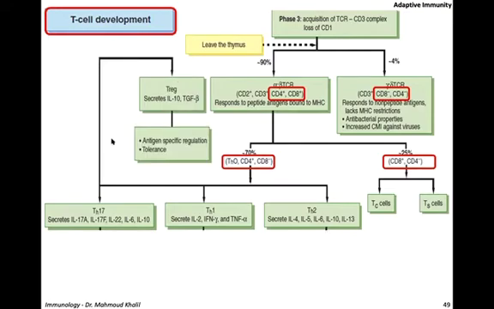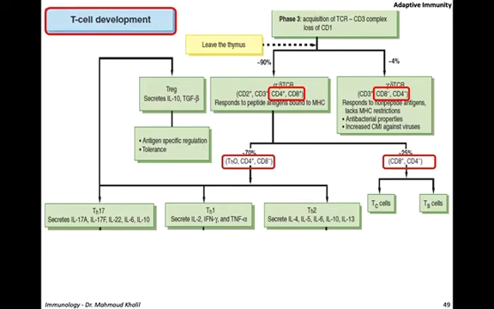As well, T helper 17 can be differentiated into Treg cells, which start to secrete interleukin 10 and TGF beta. And if you remember, we said that Treg can regulate the immune system to avoid the overwhelming action of the immune system. And this Treg provides antigen-specific regulation and tolerance as well.